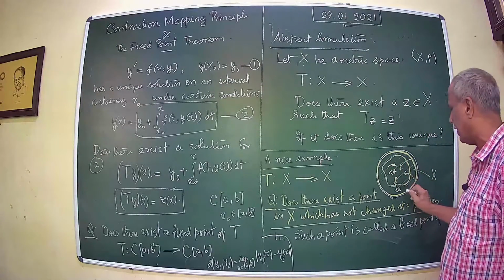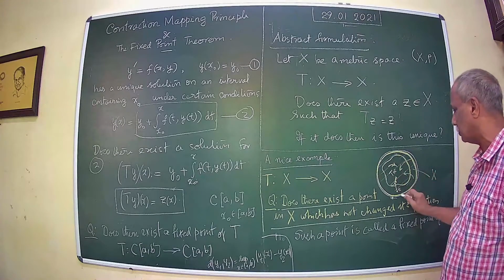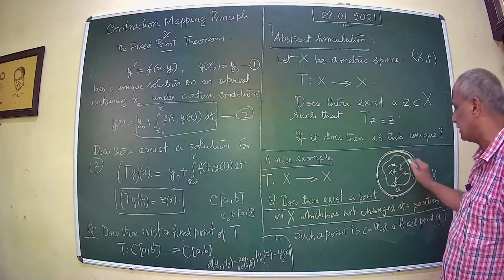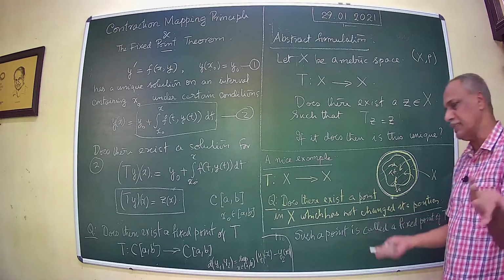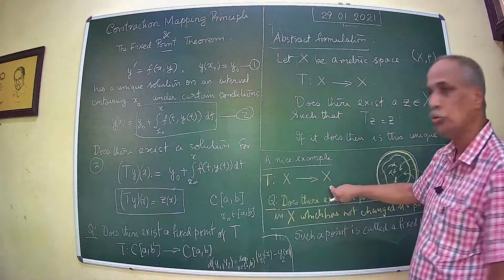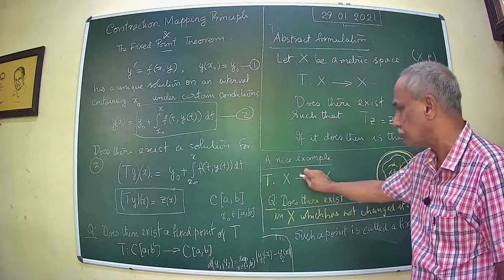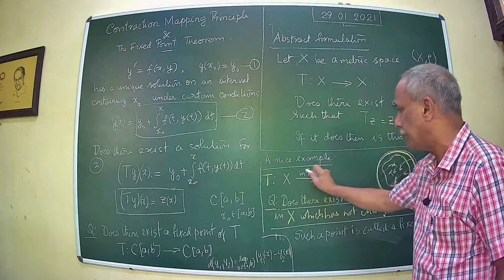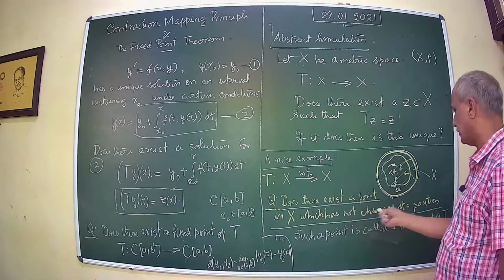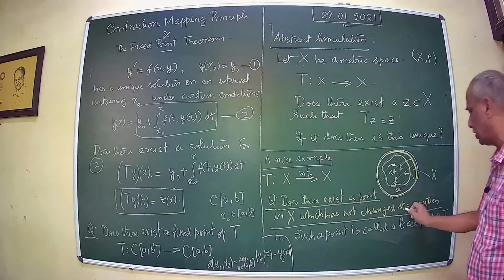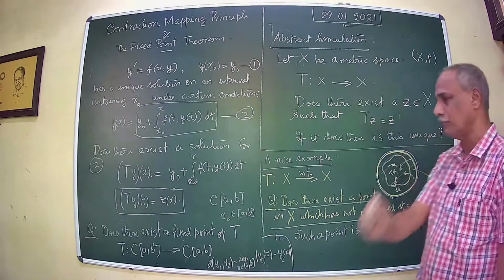So every point inside this particular portion is now moving inside this particular portion. So that can be considered as a mapping from X into X. I designate it by T. Now the question I am asking is, does there exist a point in X which has not changed its position? It's not very clear at all that there would be such a point.